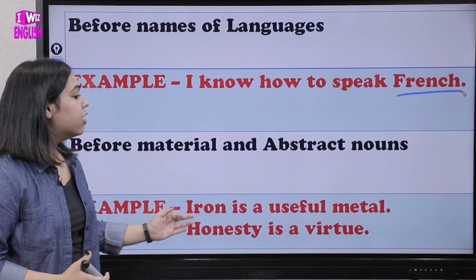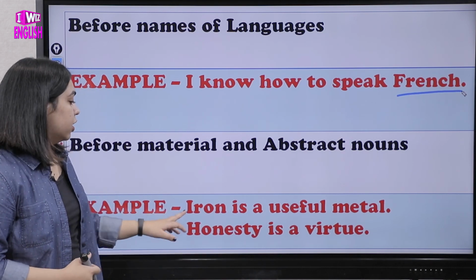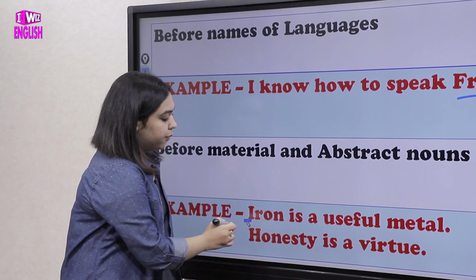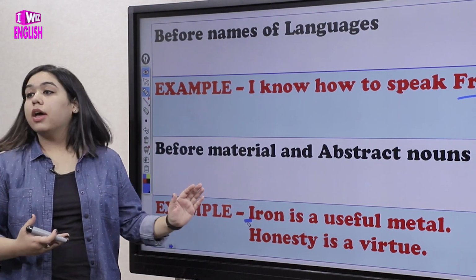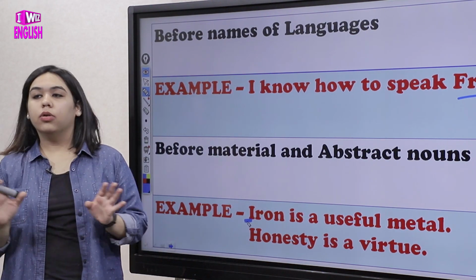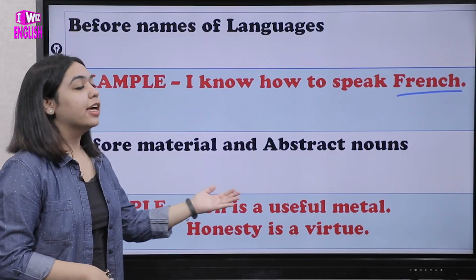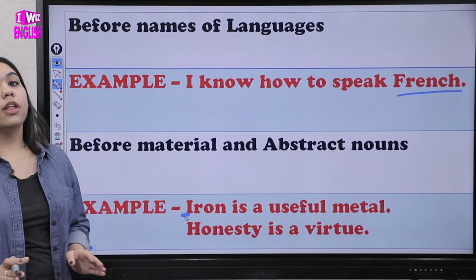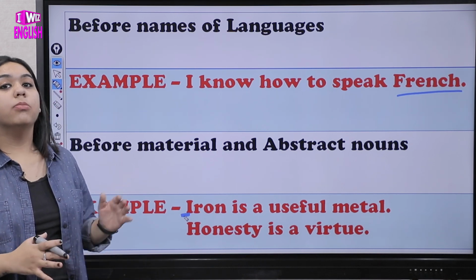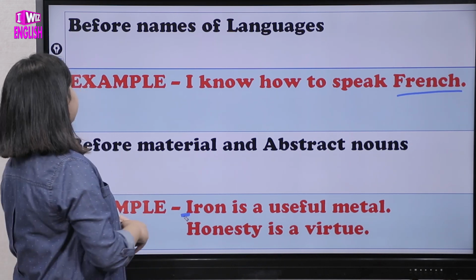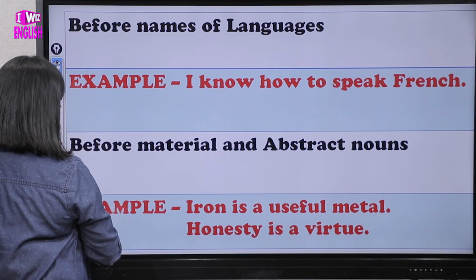Iron is a useful metal. Iron is a material noun, so not "the iron" or "an iron". Honesty is a virtue. Honesty, again you see that there is no article. So you are not going to use any article with material or abstract nouns.